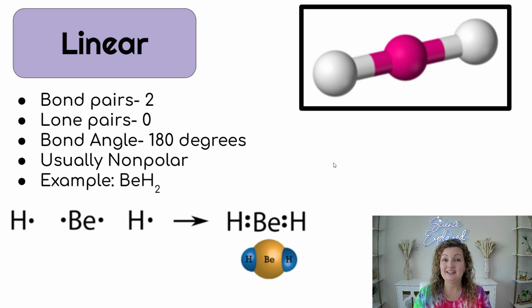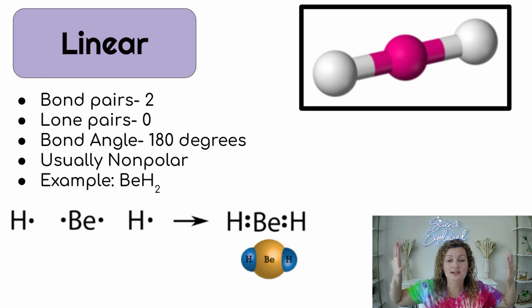So we're going to start with the easiest one, which is linear. Notice it does look like a line, so it's linear, right? We can recognize this because it has 2 bonded pairs. So here is one bond, and here is the second bond. Now, the white dots are going to be representative of our electrons being pushed in the opposite direction, okay? So in this case, we're looking at BeH2.